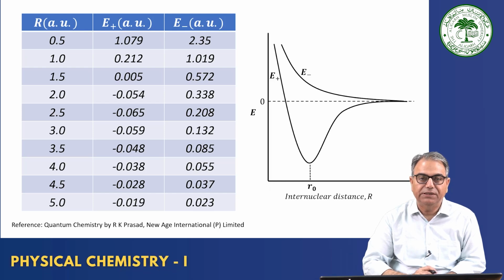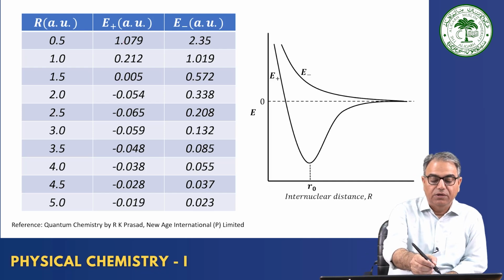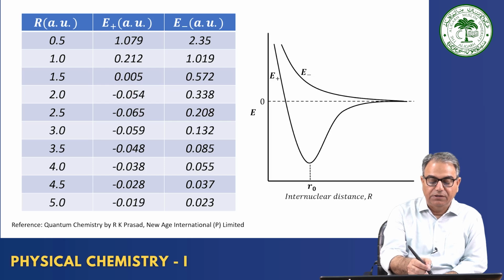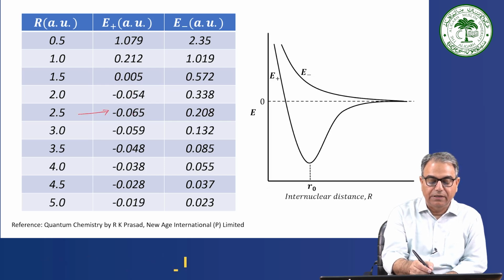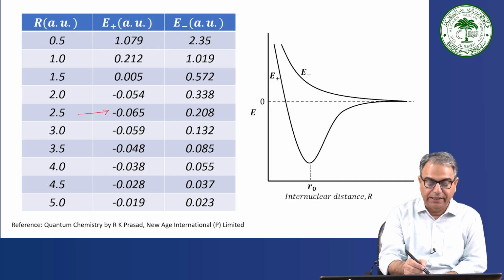we get energy like this one for E plus and E minus. This I have taken from a book, Quantum Chemistry by R.K. Prasad. So the reference also I have given you. If you look at the E plus value, it goes on decreasing, becomes negative 0.65, and from this point onward it again increases: minus 0.059, minus 0.048, minus 0.038, and again it increases.